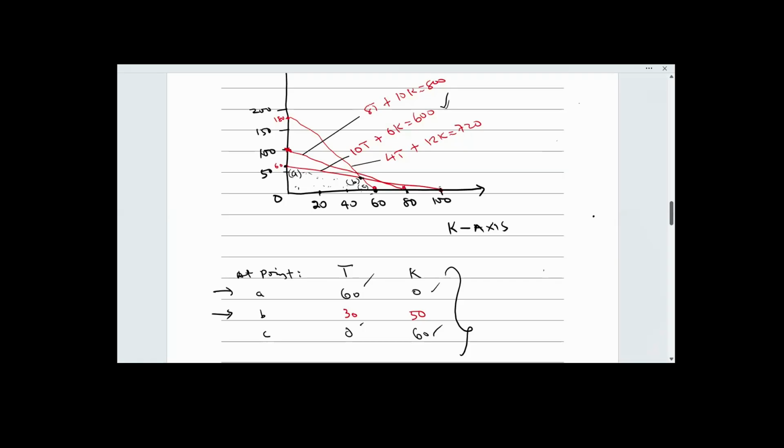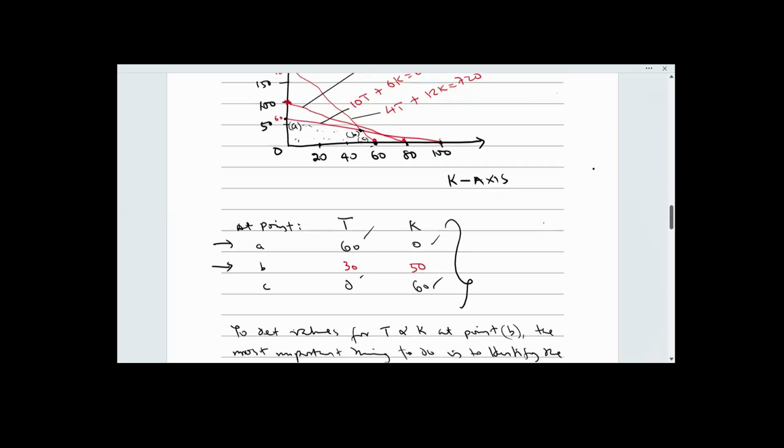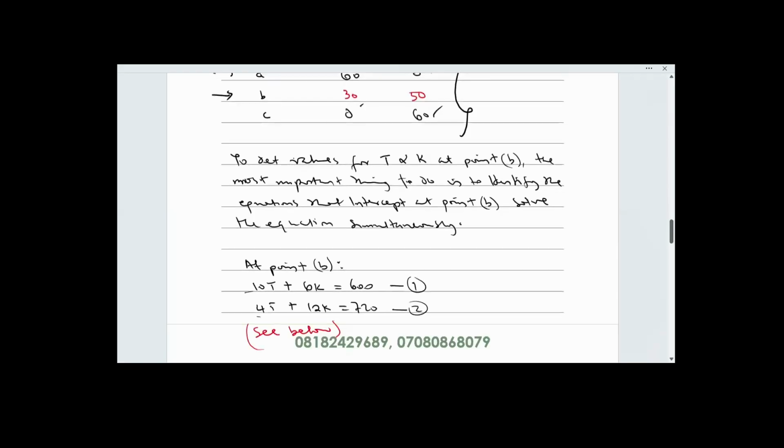There's another equation that went up from that C to 180 and 60. The equation of 180 and 60 is 4t plus 12k equal to 720. So we now brought out the two equations. Look at my explanation here. To determine values for T and K at point B, the most important thing to do is to identify the equations that intersect at point B.